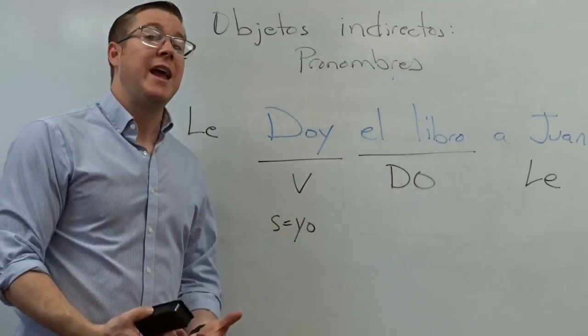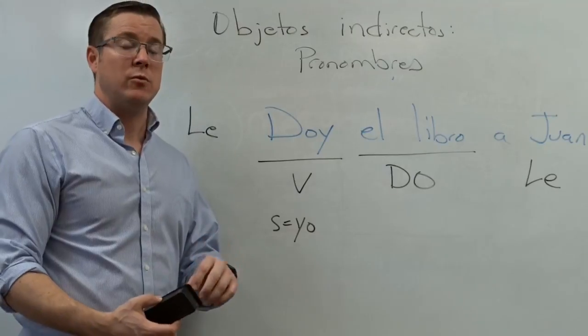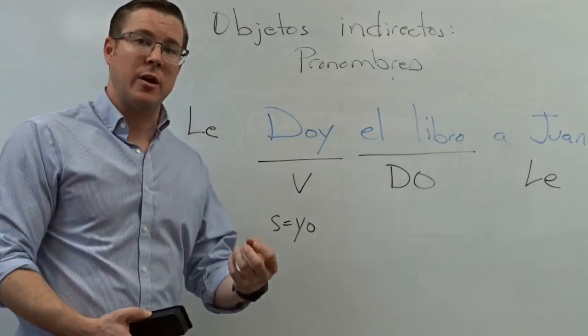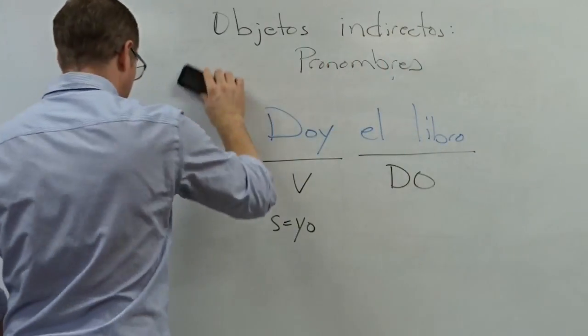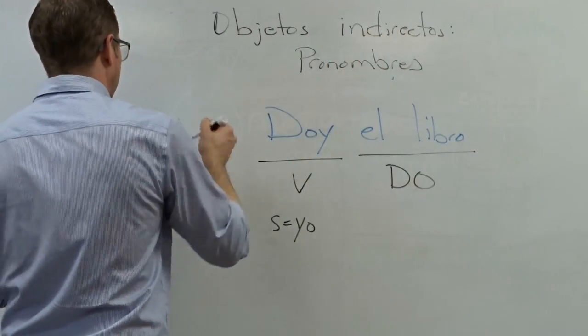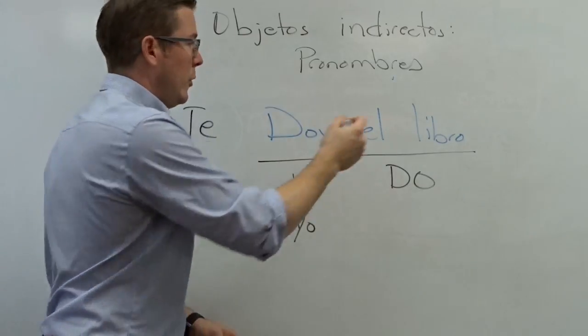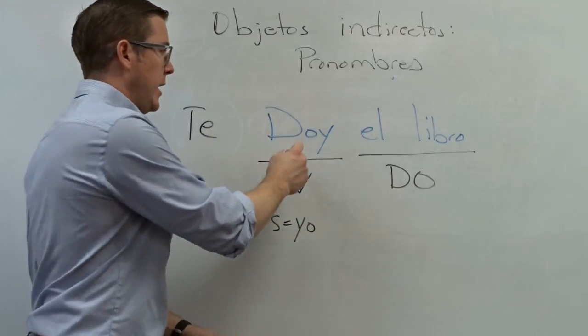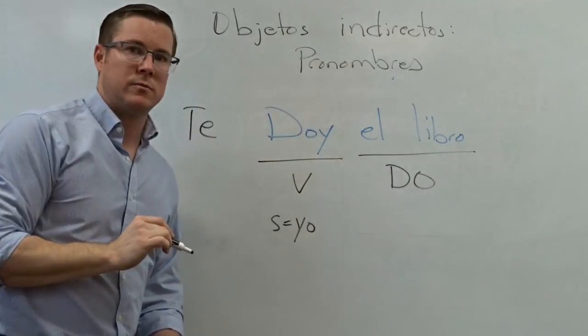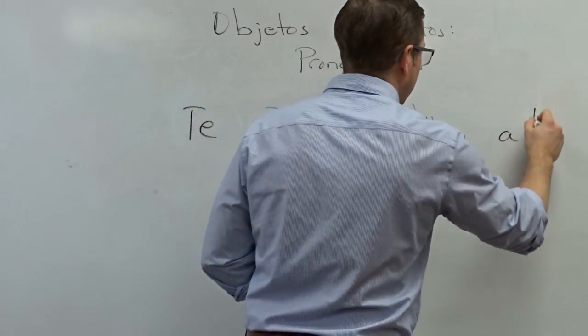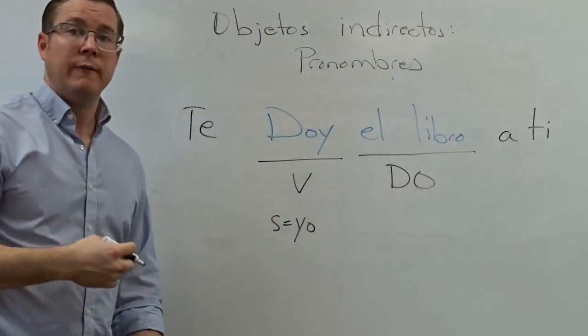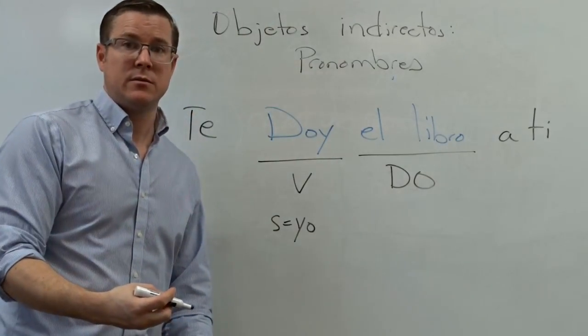I wouldn't necessarily have to do that if the indirect object was te, because it's clear that I'm giving the book to you. Te doy el libro. I give the book to you. I could always add in a ti for added emphasis.